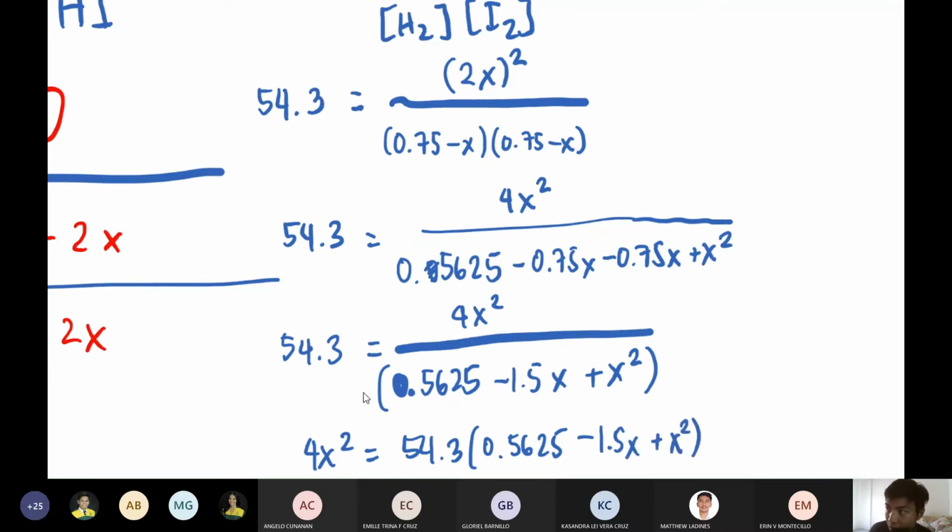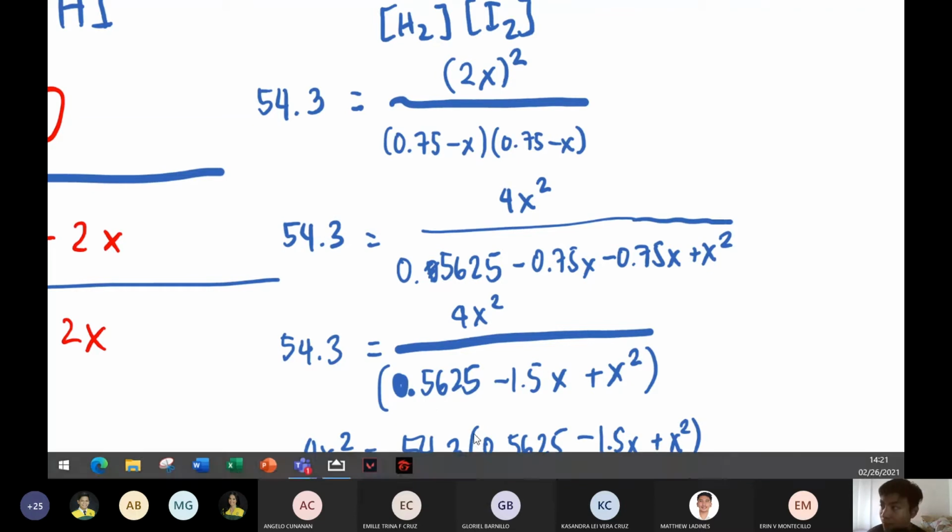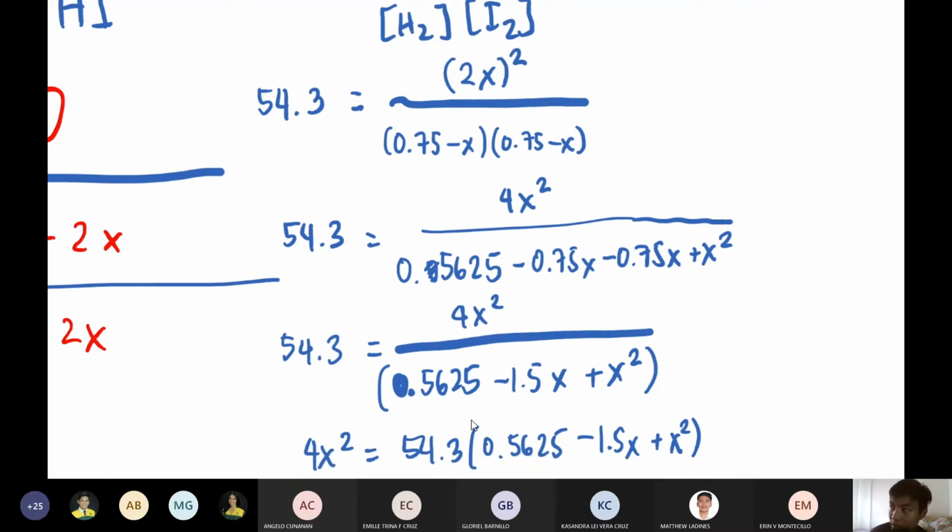Okay, so cross-multiply ko lang, I got this number. Anong gagawin? Distribute 54.3 sa contents ng parenthesis. Okay, i-distribute this sa individual terms.